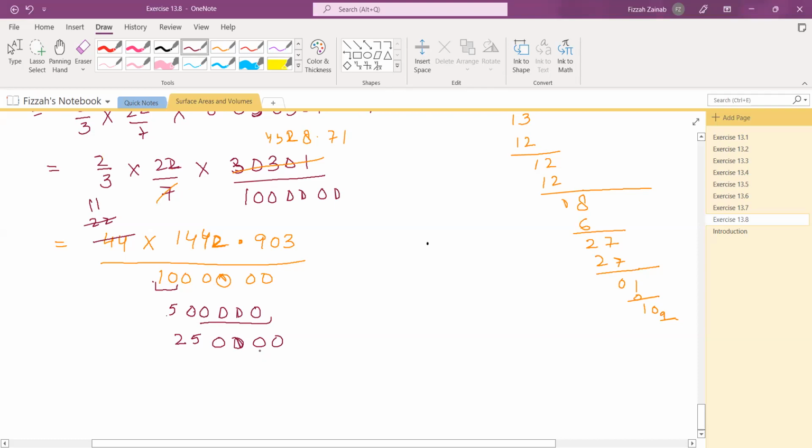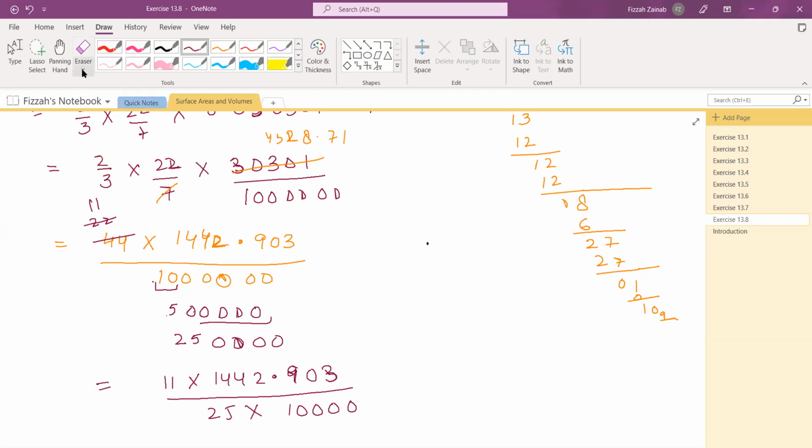Okay. Now, if I write it like this, 11 into 1442.903 in the numerator. And then in the denominator, can I write it like this? 25 into 1, 2, 3, 4. Any problem? No, ma'am.